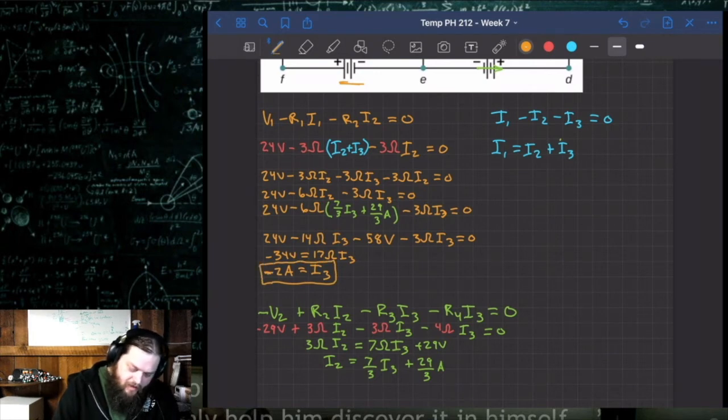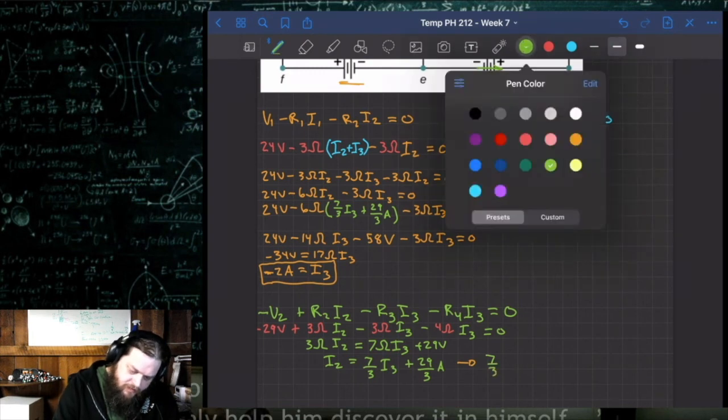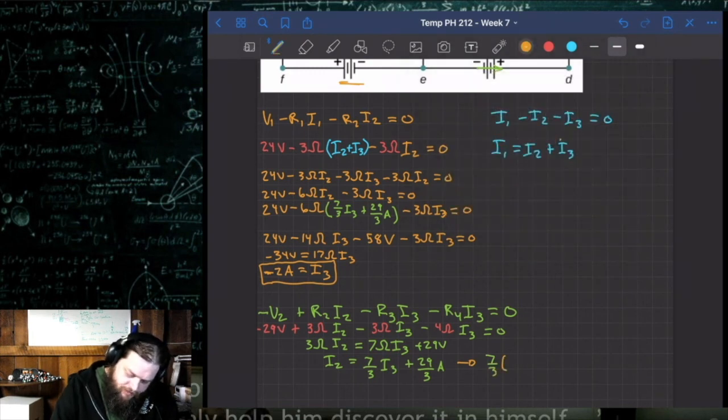Plugging that in down below, we can then say that I2 here is going to be equal to 7/3 times a negative 2 amps plus 29/3 amps.